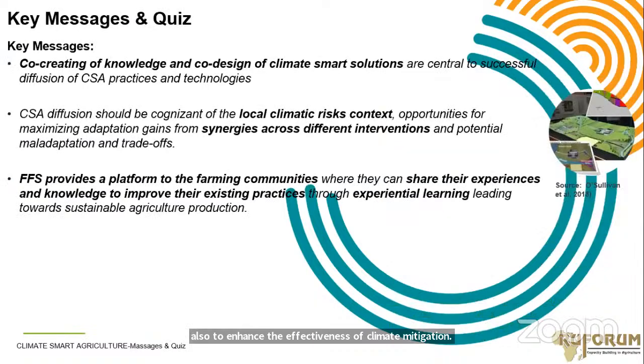So as we conclude, some of the takeaways or the key messages here is that co-creation of knowledge and co-design of climate smart solutions are central to successful diffusion of climate smart practices and technologies.